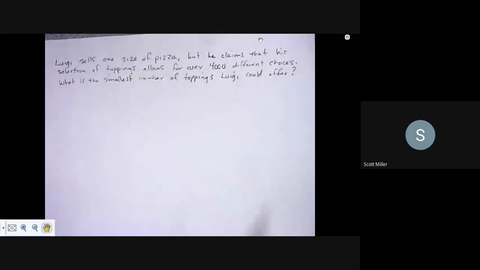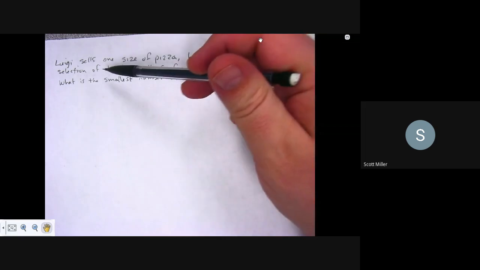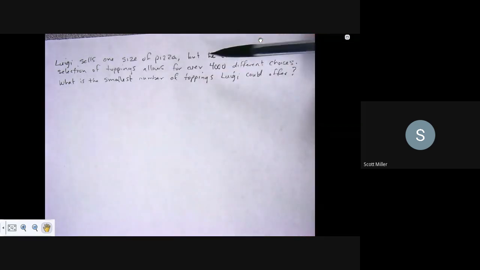Okay? Here's another example right here. And I'm going to move over here and I'll show you how this works. So Luigi sells pizzas, one size pizza, but he claims that he has a selection of toppings that will allow you to have over 4,000 different pizza choices. What is the smallest number of toppings that Luigi can offer?